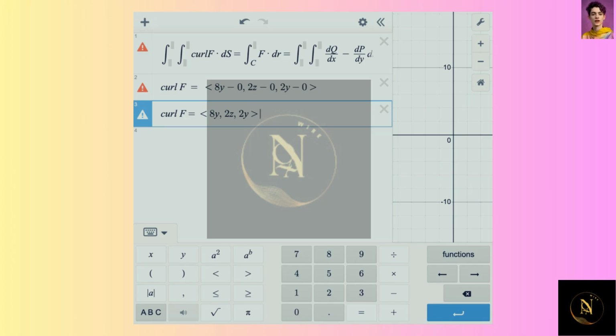The point 1, 2, 1 indicates that a plus 2b plus c equals d. And the point 0, 2, 1 indicates that 2b plus c equals d. So if we subtract equation 1 from equation 2, we see that a is equal to 0, and that implies that d is also equal to 0.